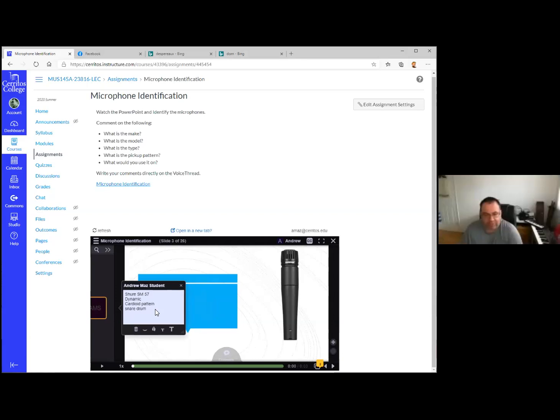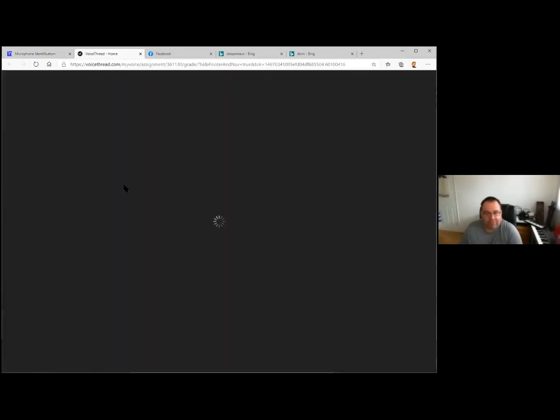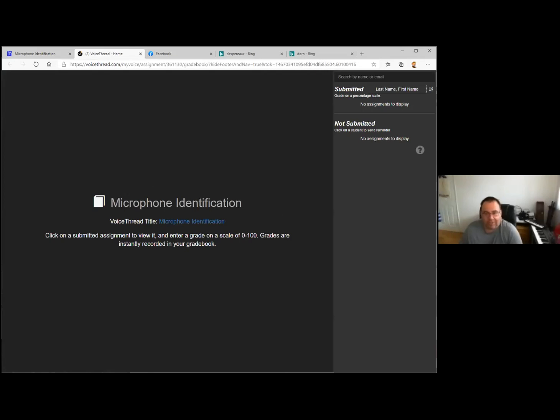I was just interested to see what it did to my grade book and how the grading works within VoiceThread. So if I went to microphone identification, it would open up this and I could go. But I thought it was a little odd that even though I set it up as a graded thing, I don't see a list of students.